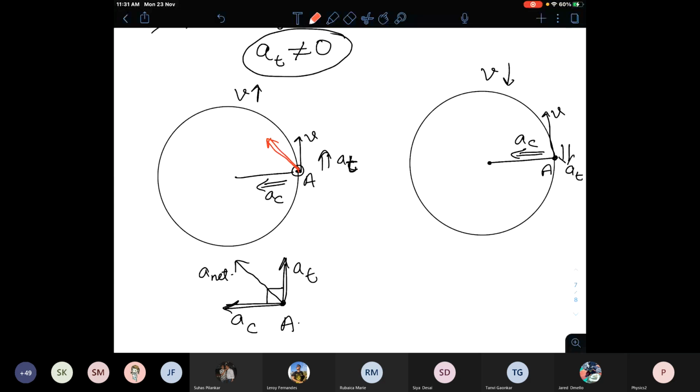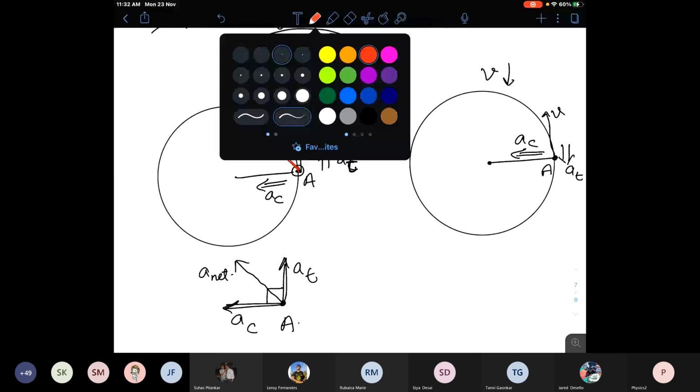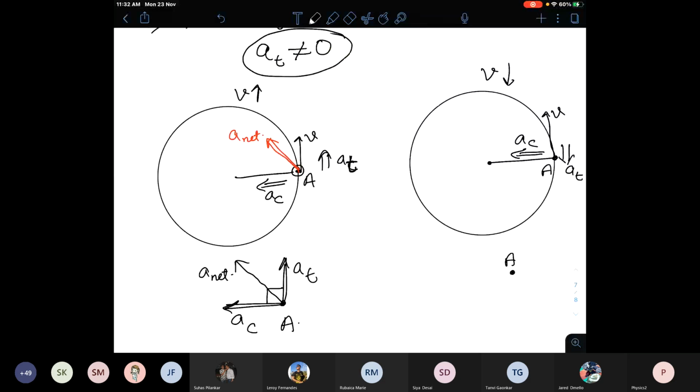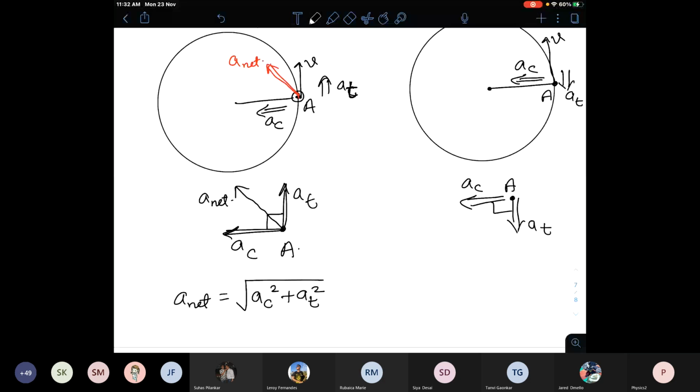A net acceleration. Similarly, for the second type, the second variation, if I draw for a point, the tangential acceleration is this time downwards and centripetal acceleration is still like this. And still the angle between A centripetal and A tangential is 90 degrees.